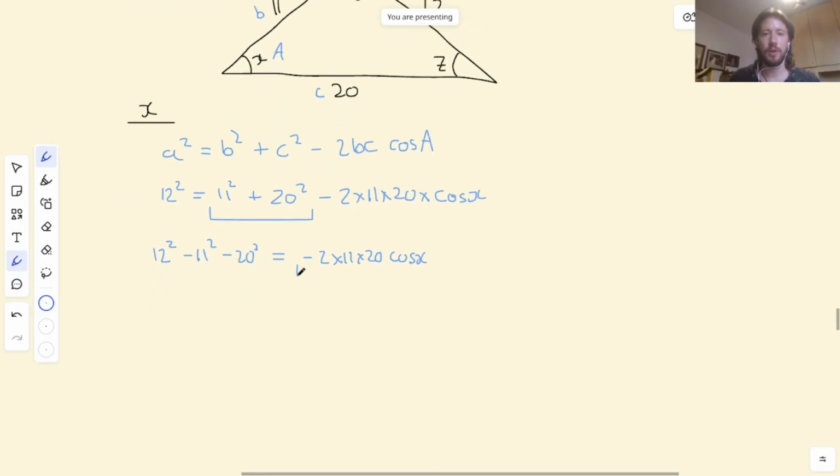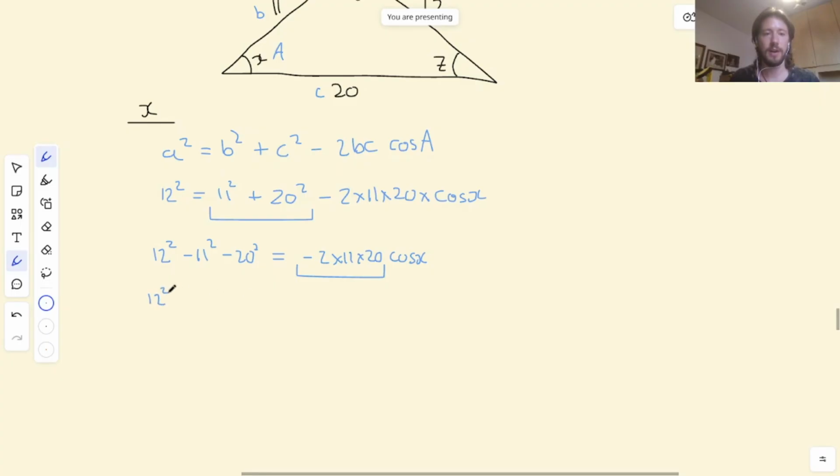Now, we can just go ahead and divide by this entire thing to get cos X on its own. The minus sign, you might want to do something about it, but I'm going to just divide the minus as well, just to keep it simple.